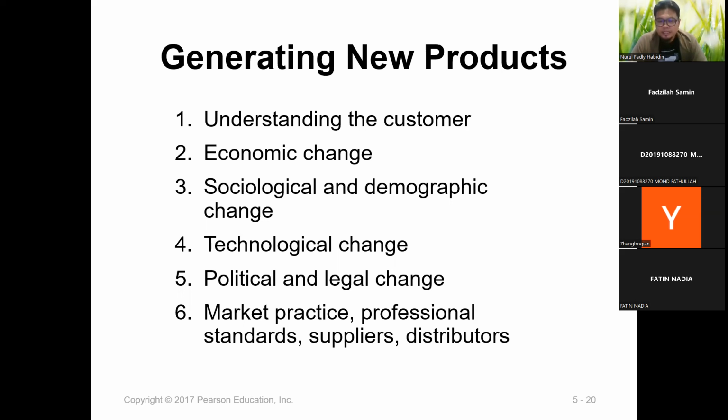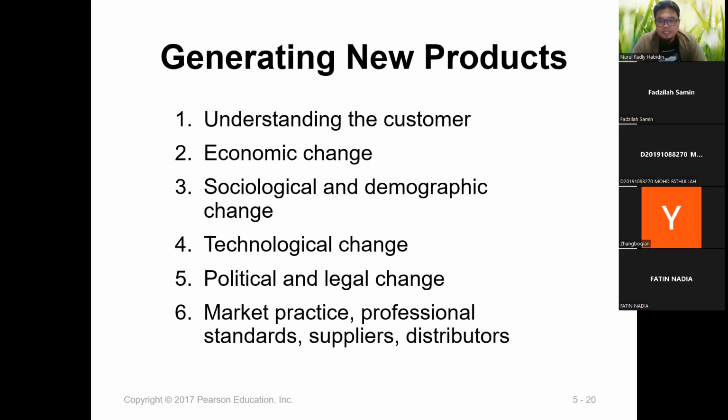Okay, so in generating new product, you should know that new product involves technology, not just a little bit about the practical value on technology. Nowadays, not only the customer, but all the types of supplier and the supply chain also, and matters of management and business attitude also. So technology is really important.